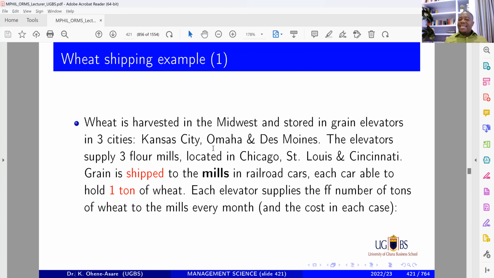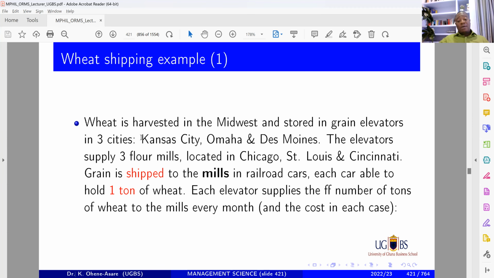But we are told that they are stored in 3 cities: Kansas City, Omaha, and Des Moines. Now, the elevators where they are stored will supply the items to 3 flour mills. So they will send the wheat to some mills.